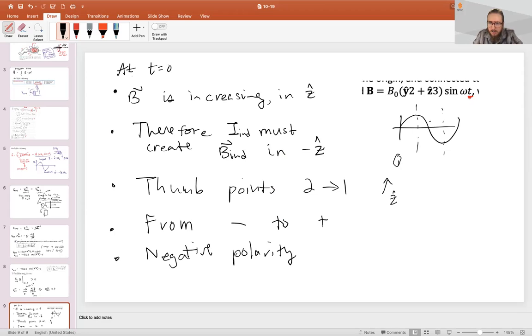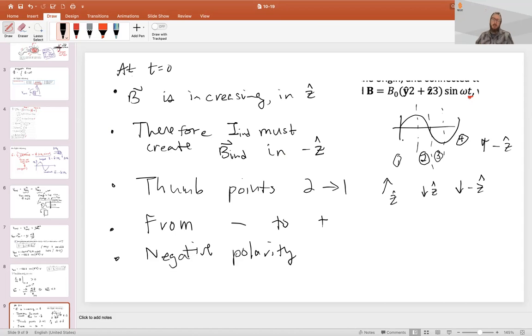In this region, oops, this is region 2, and it is decreasing in positive Z. This is region 3, and this is decreasing in negative Z, or you could say this is increasing in a negative direction. And then in this region, right, it's increasing in the minus Z direction.